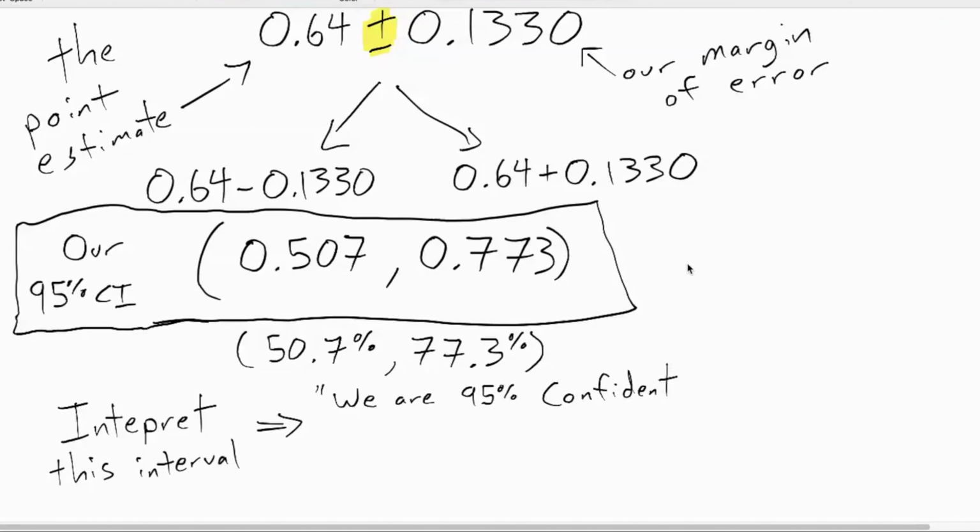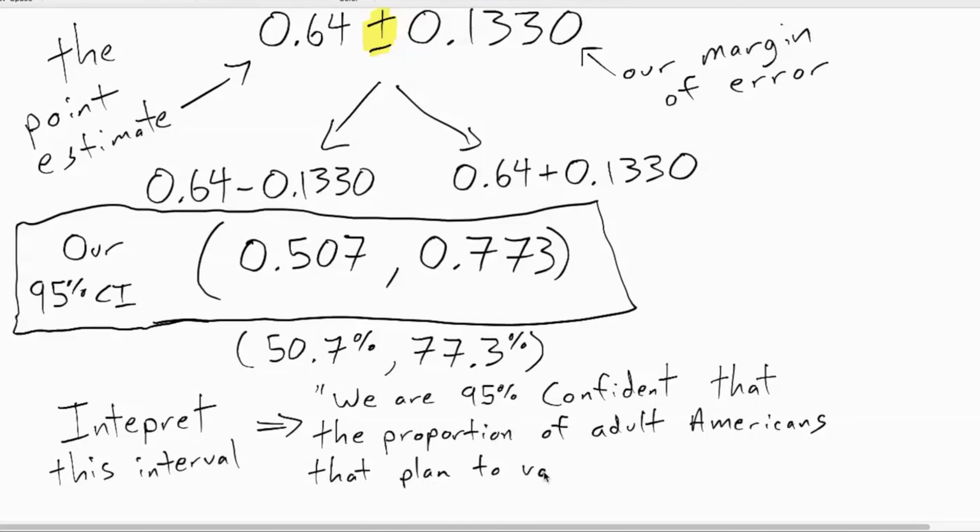We recognize that we could be wrong, but we have some good faith in the result we're about to describe. So we are 95% confident that our p, the proportion of adult Americans, because that's what we were doing, and the proportion of them that plan to vote is in this interval.